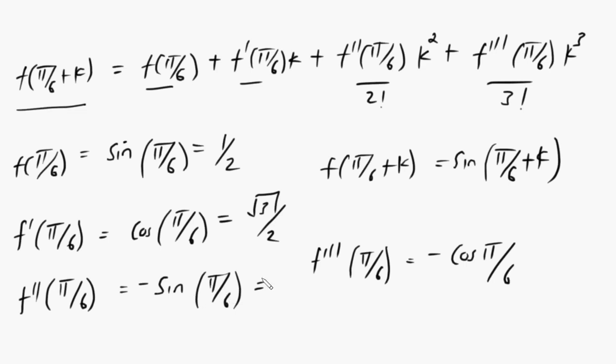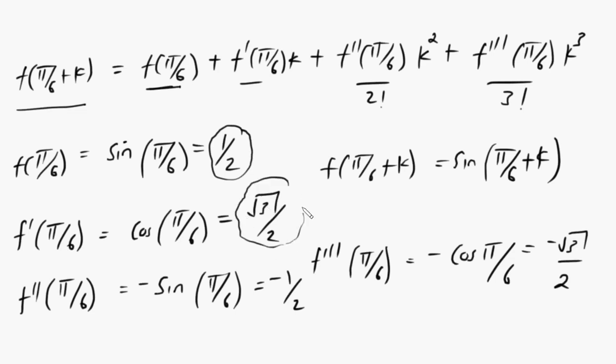Here, sin of 30 degrees has the negative too, so negative half. And here it will be negative radical 3 over 2. So I put this one here, this one here, this one into f double dash of pi over 6, and this one into the triple dash.